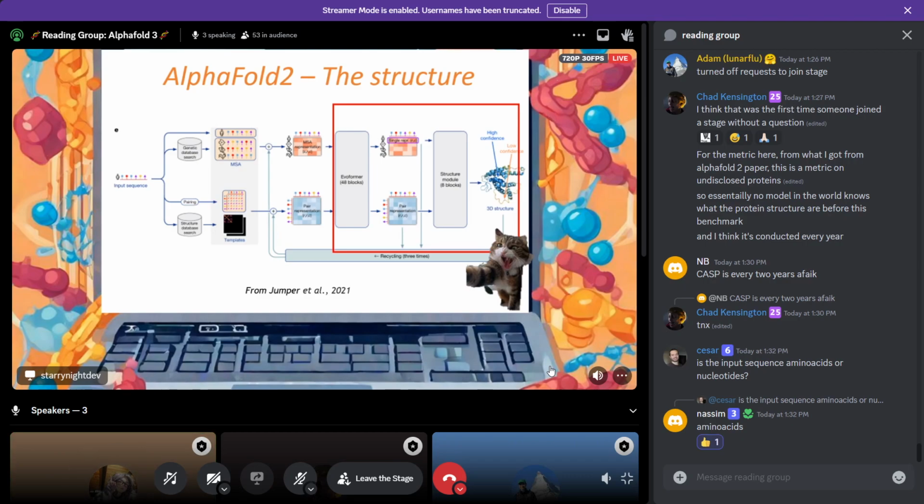After that, you have your two matrices, the corrected MSA matrix and pair representation matrix, and you feed them to the last portion, which is the structure module.